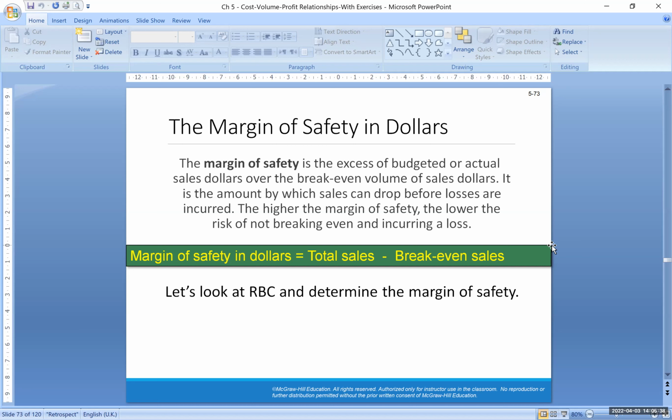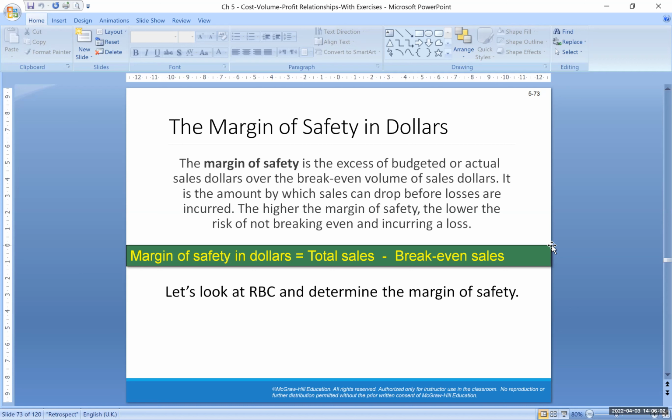If you imagine the graph, we do have a break-even point, which is the intersection between the total costs and total revenues. Break-even means we have a profit of 0.